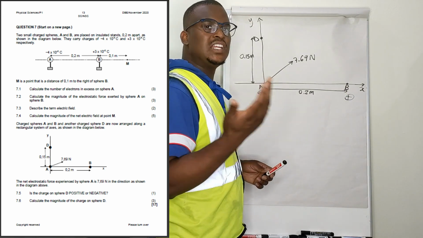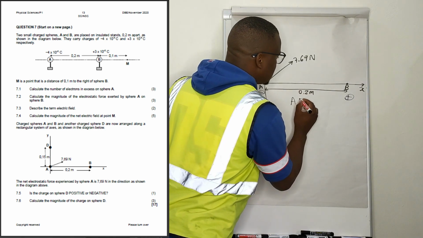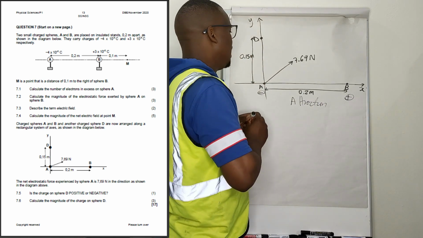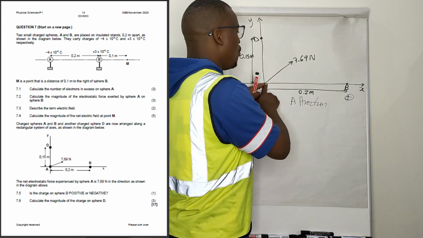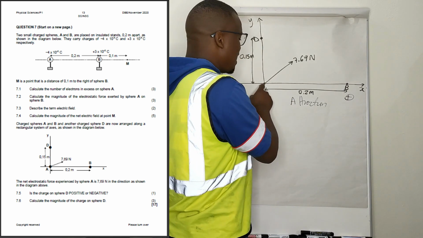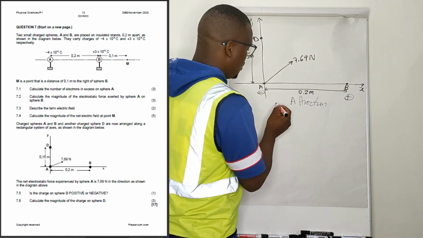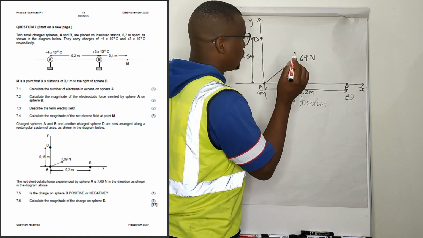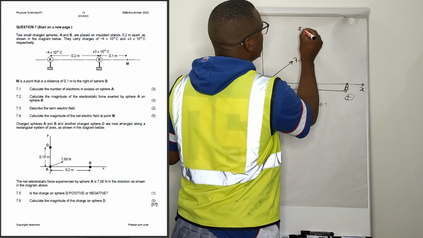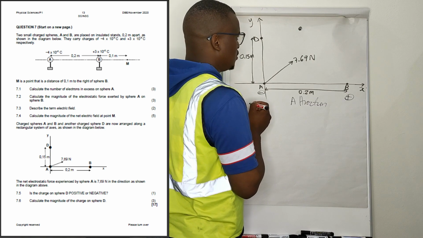So when we did the first calculation, we established that the force between A and B is attraction, which means the force experienced by A as a result of B is in that direction. Now let's draw the free-body diagram of A, so let's say we have A here.